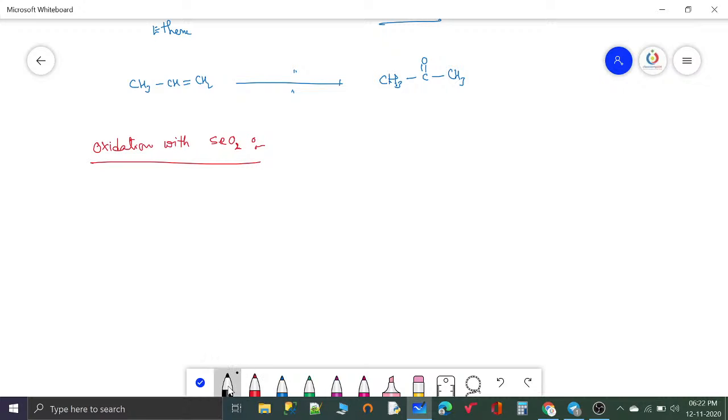The use of selenium dioxide is that it oxidizes the allylic position to the hydroxyl part. We shall take some examples here.